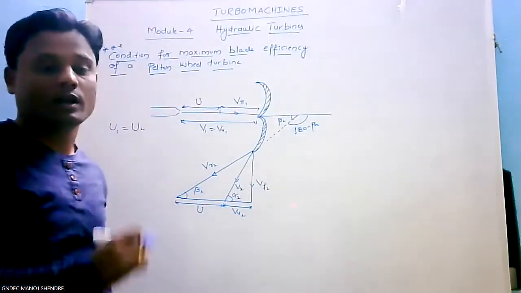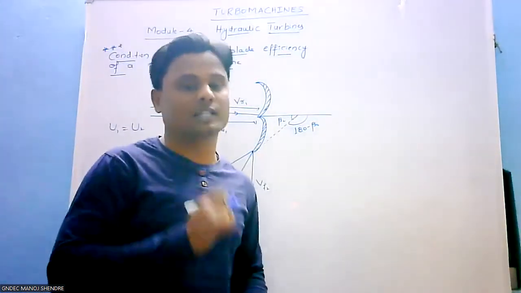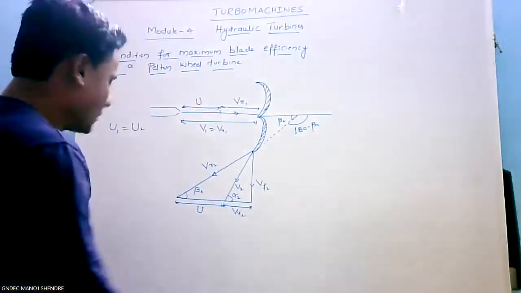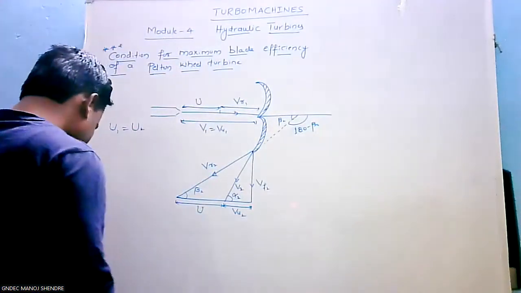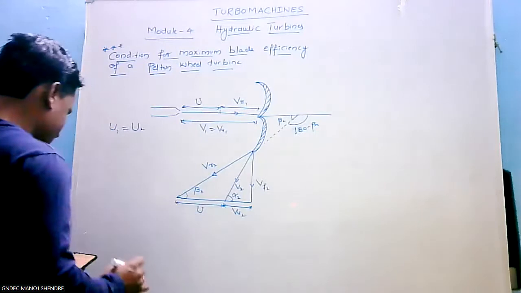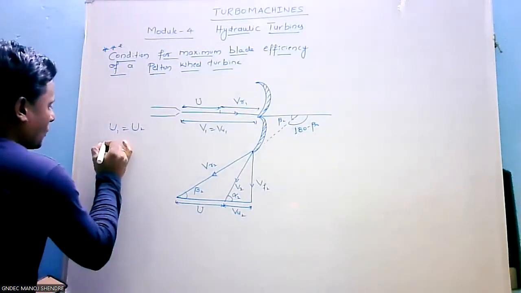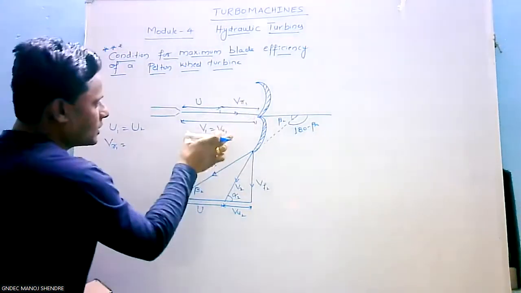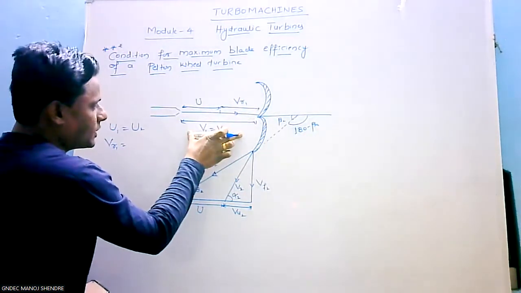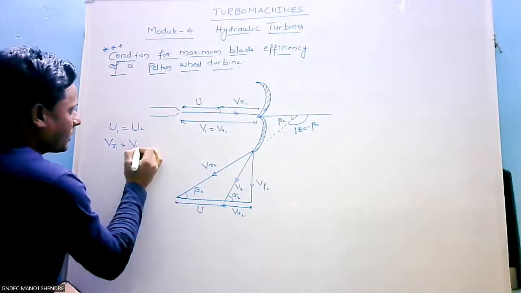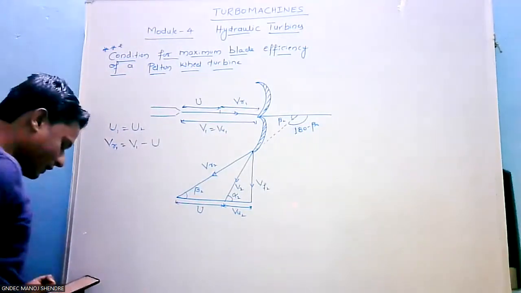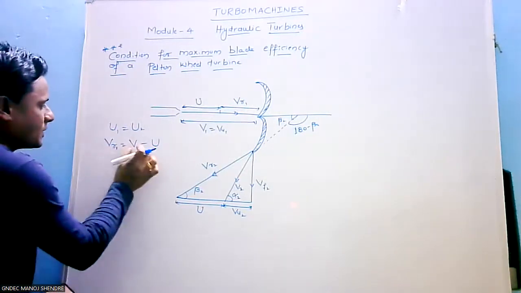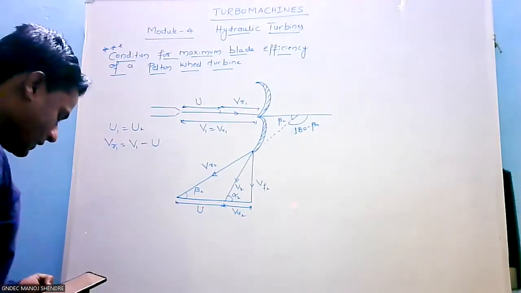U stands for the tangential velocity of the runner, that is pi D N by 60. Similarly, VR1 can be written as the total velocity V1 minus U. So VR1 equals V1 minus U.